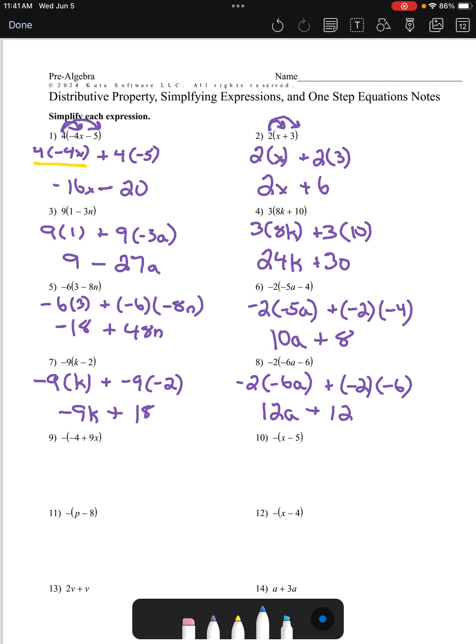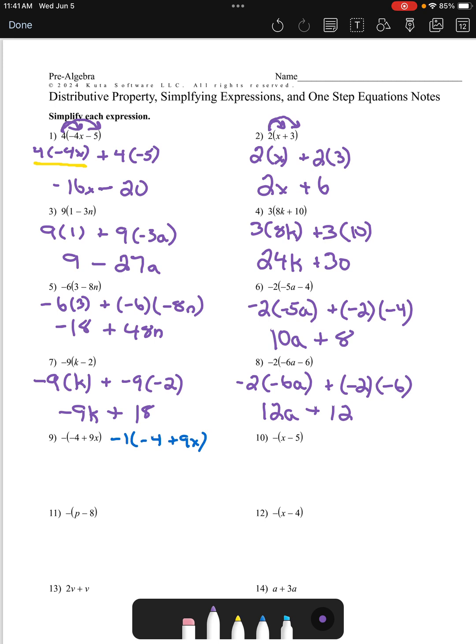And at least for now, as we're delving into distribution and maybe not super familiar with it, it's probably to our benefit anytime we see a minus sign and then an opening parenthesis, and we see addition or subtraction inside that parenthesis, so we're seeing distribution, it's probably worth our time to quickly rewrite the problem and make that currently invisible one visible.